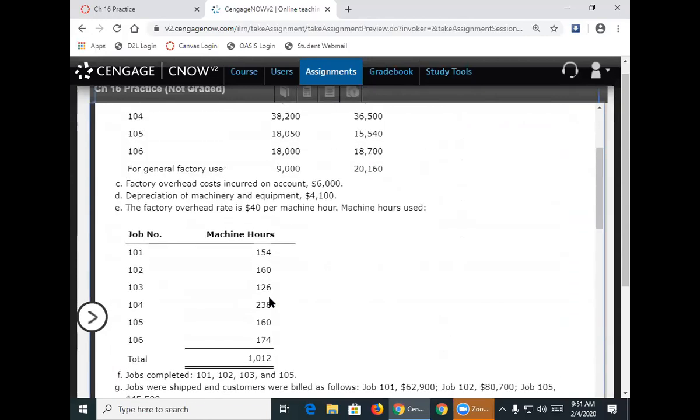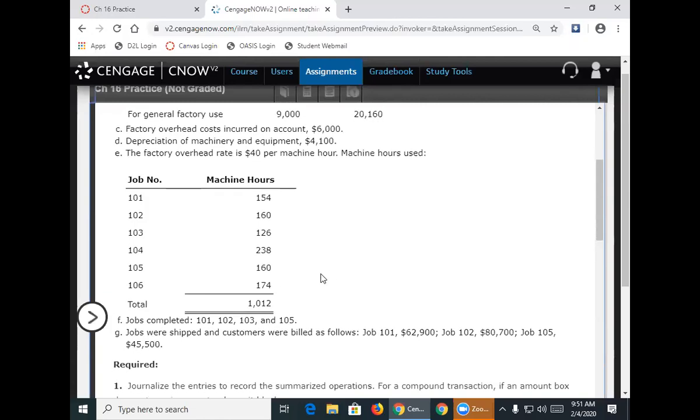We're on part E. It says the factory overhead rate is $40 per machine hour, and then they give us the machine hours used. Right now we'll have to separate it out by job in a minute because we have to calculate all of our job costs too. Yippee! But right now we're just doing our journal entries.